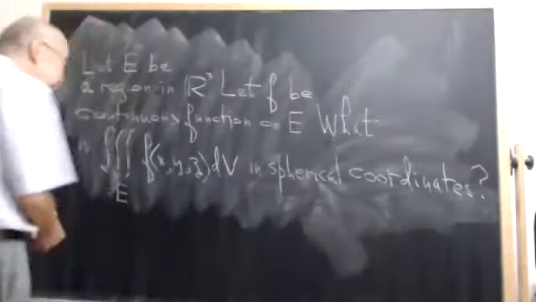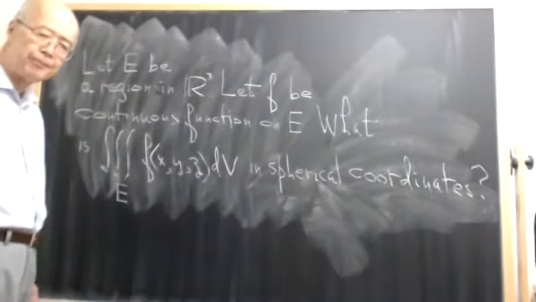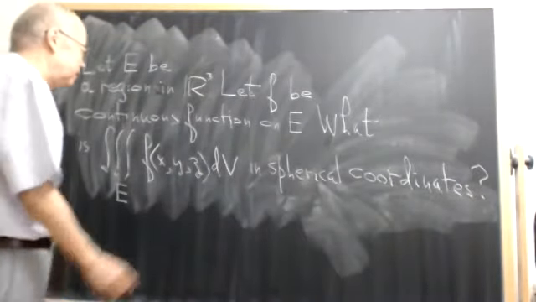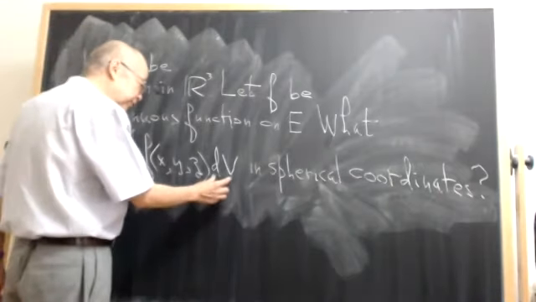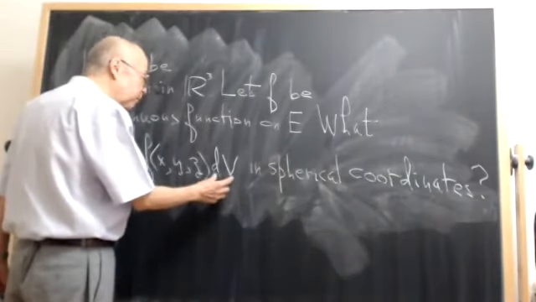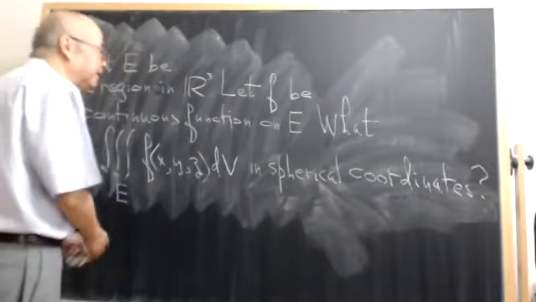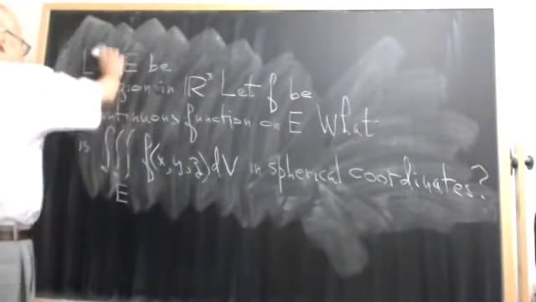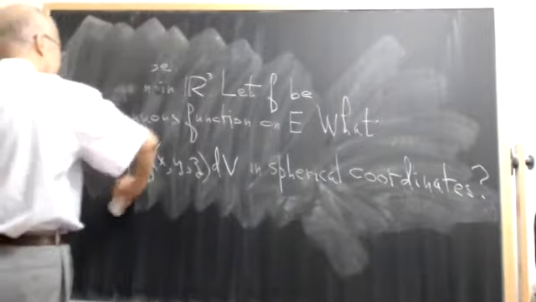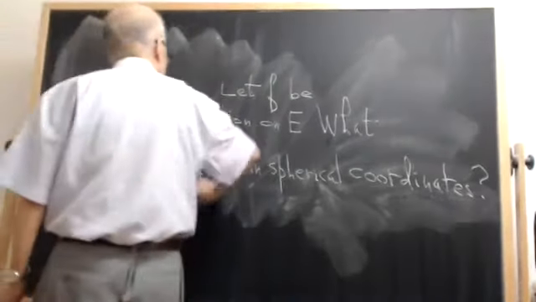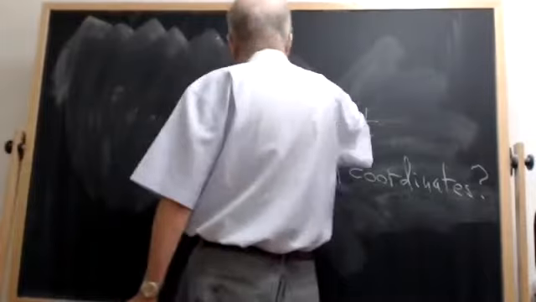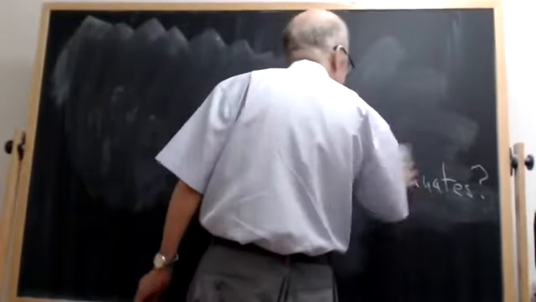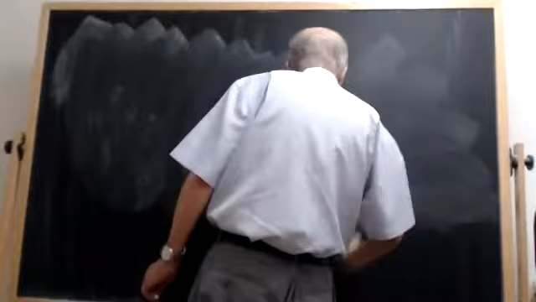How are we going to answer this question? The crux of the matter is: what is dV in spherical coordinates? So again, the real matter is the following.